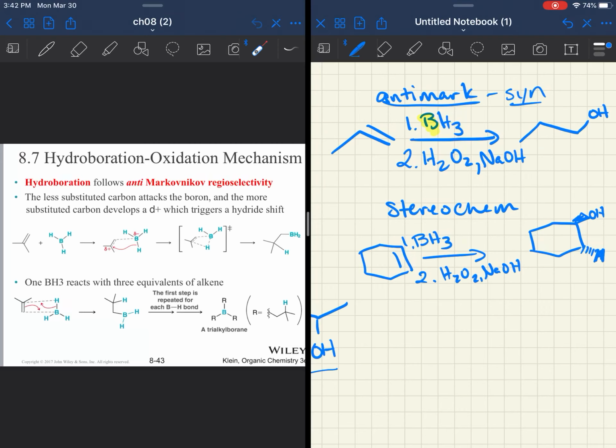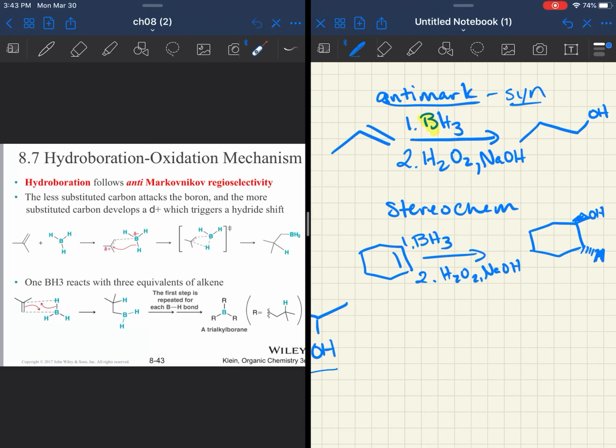The mechanism here, I only want to point it out because it helps me to understand why it is a syn addition and why it's anti-Markovnikov. The double bond is going to donate electrons into that empty p orbital on the boron. But at the same time, that B-H bond is going to be attracted to the carbon that's losing electrons. So you wind up getting this four-membered, square-ish intermediate or transition state.